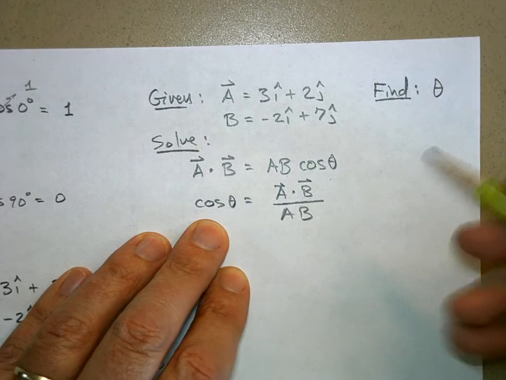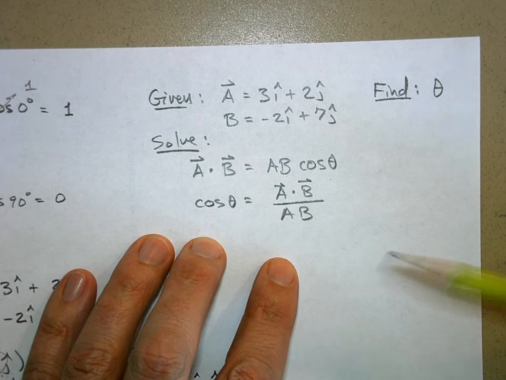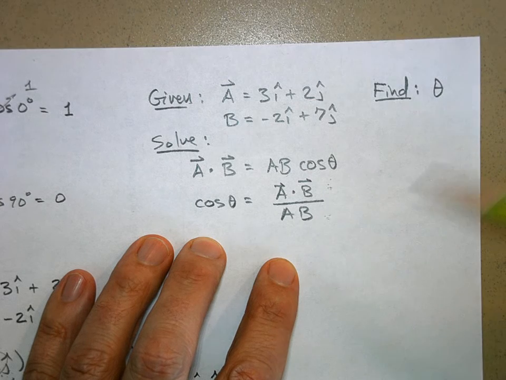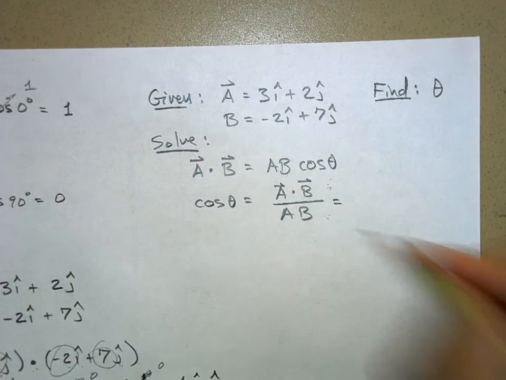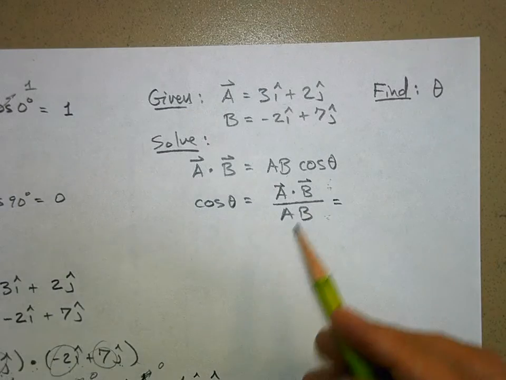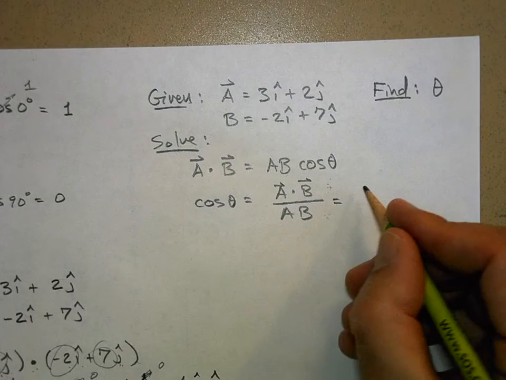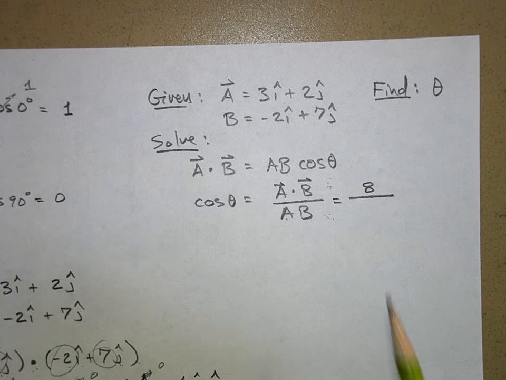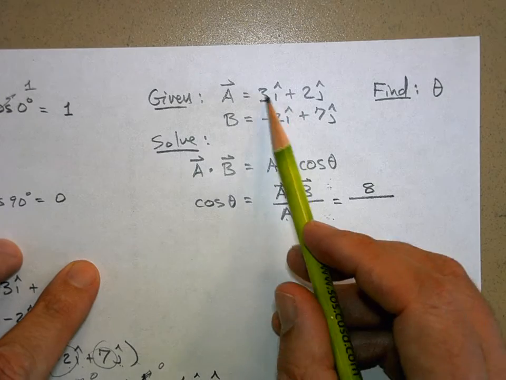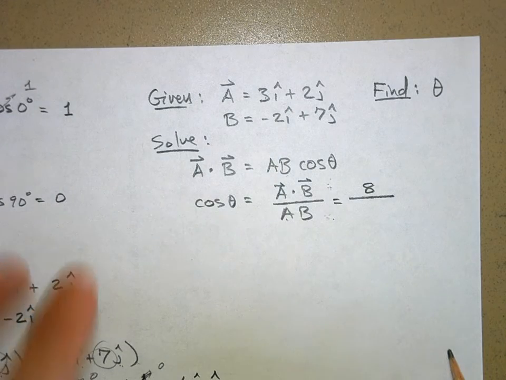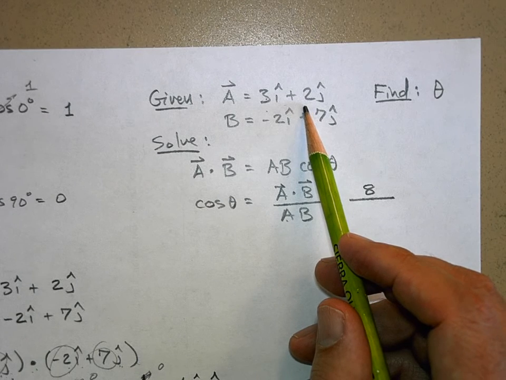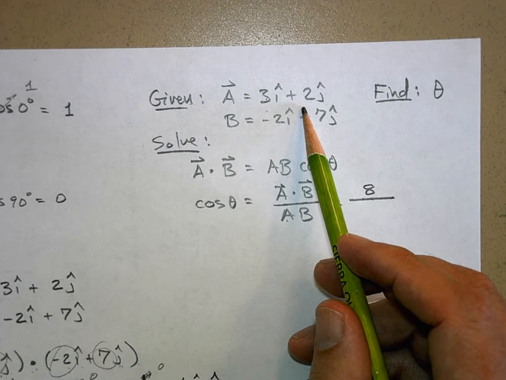Now, do you see the difference between this and this? We already did A dot B down here. This turns out to be 8. But we need A times B. Now, what's the magnitude of A? Well, let's take a look at A. 3 squared plus 2 squared is 9 plus 4, which is root 13.